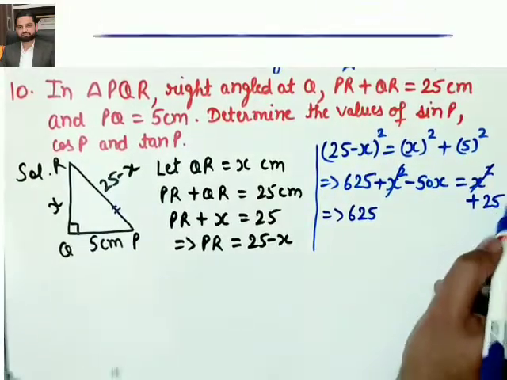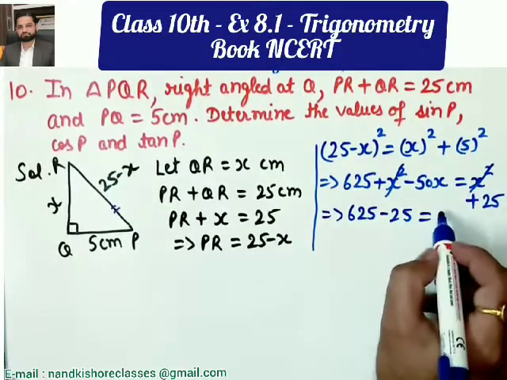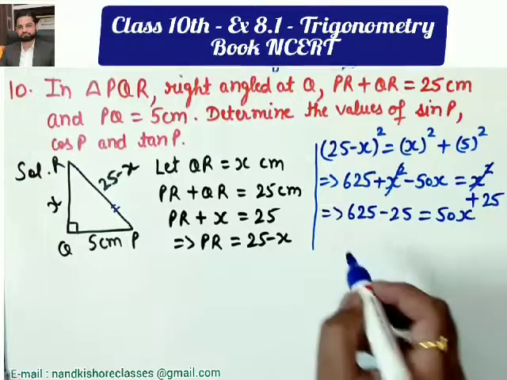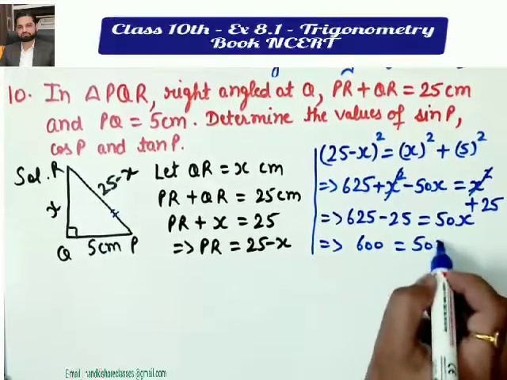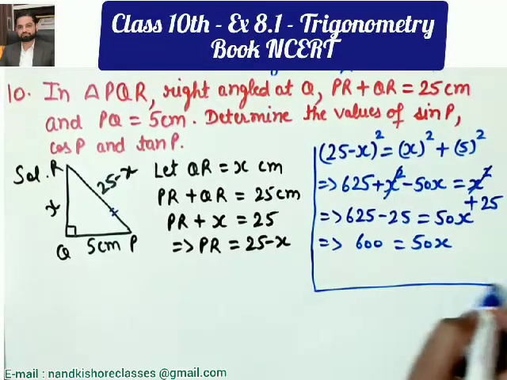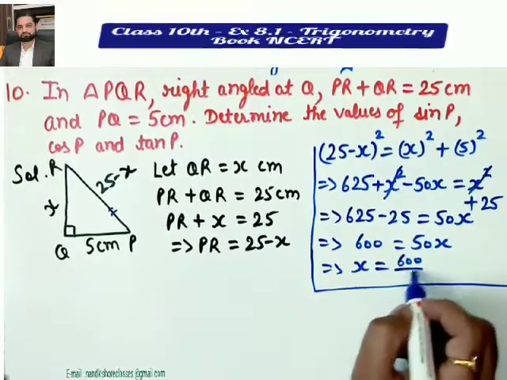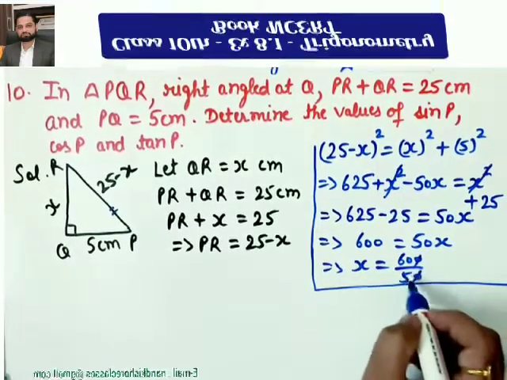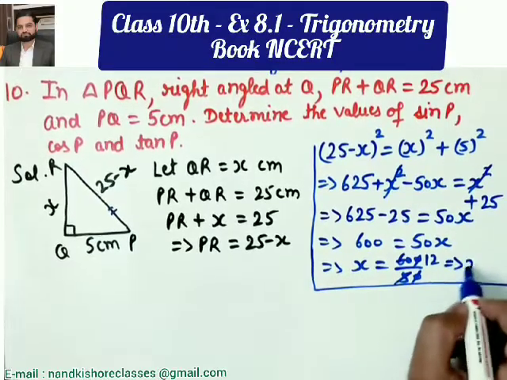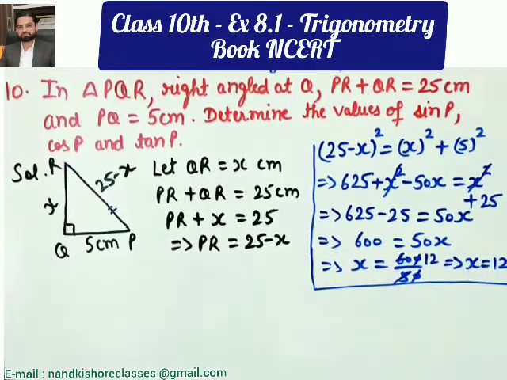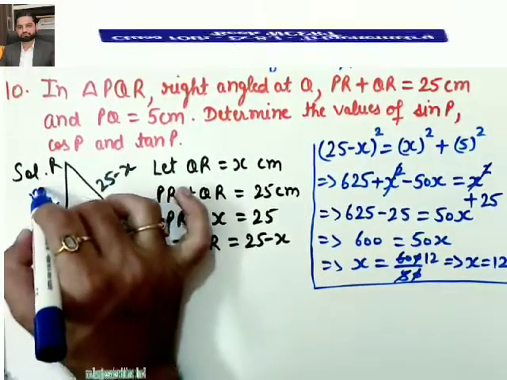This 25 will come to the left side and will be subtracted, and minus 50x will go to the right side and become plus 50x. So we get 600 is equal to 50x, and finally the value of x will be 600 over 50. 0 and 0 cancel. In the table of 5, the answer will be 12. So x is 12. Finally, this x is 12, which means QR is 12 centimeter.